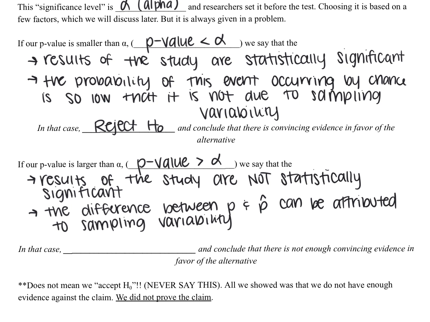So in this case, we fail to reject our null hypothesis and conclude that there is not enough convincing evidence in favor of the alternative.